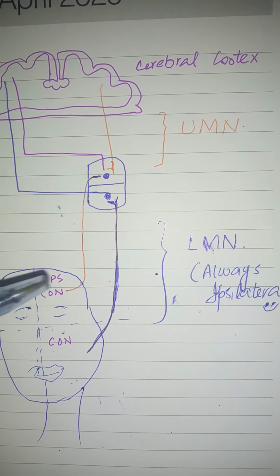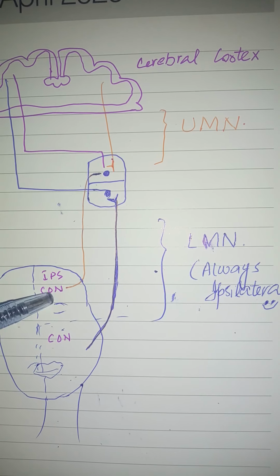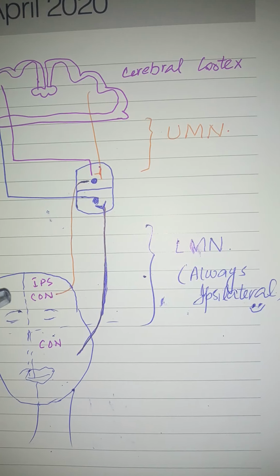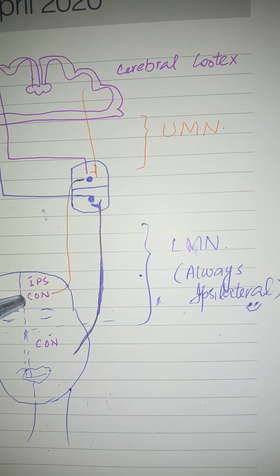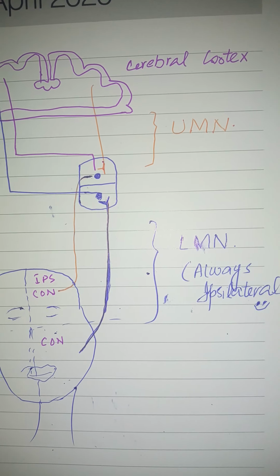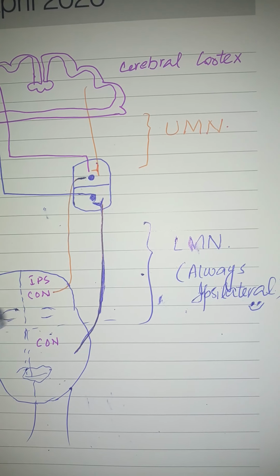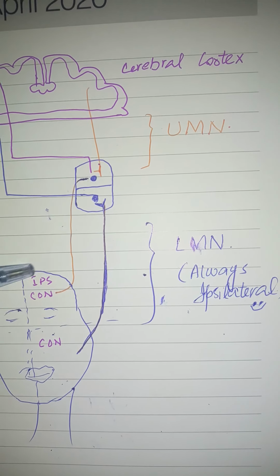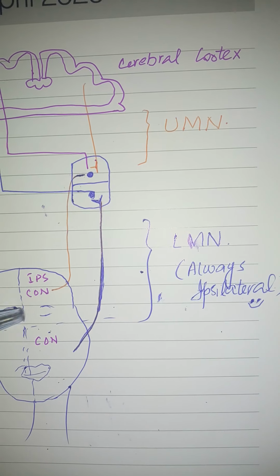So to make the upper half of the face injured, you have to destroy both the neurons coming from the cortex. That means it's not easy for a person to get the upper half of the face affected.